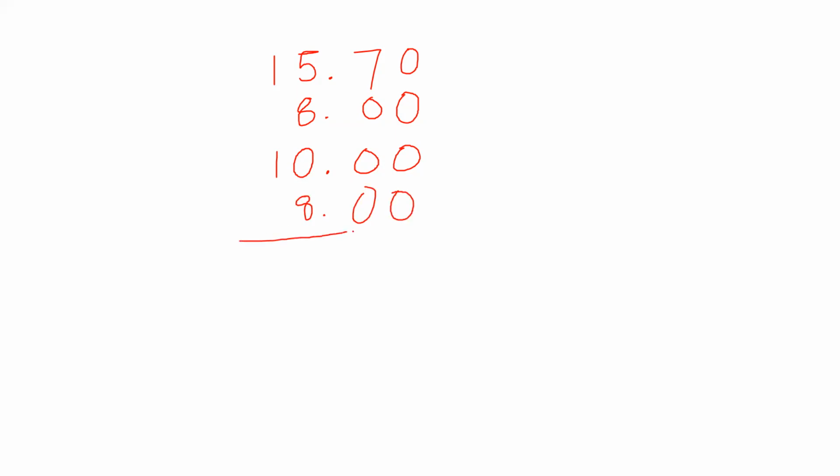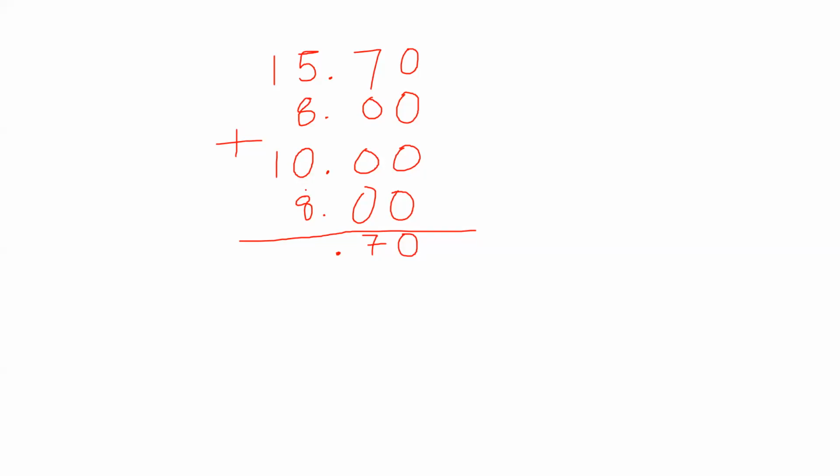Good. So now let's add up everything. What is 0 plus 0 plus 0 plus 0? That's going to be 0. What is 7 plus 0 plus 0 plus 0? That's going to be 7. We put the point. What is 8 plus 5? 13, very good.